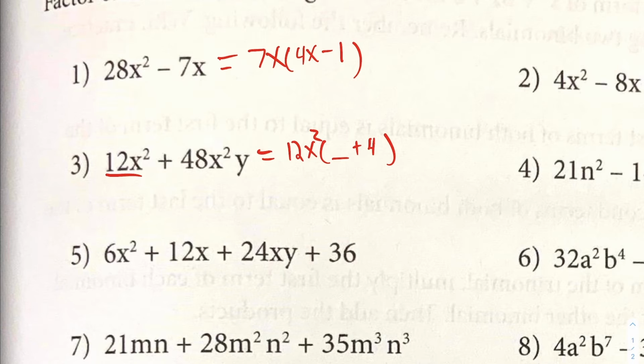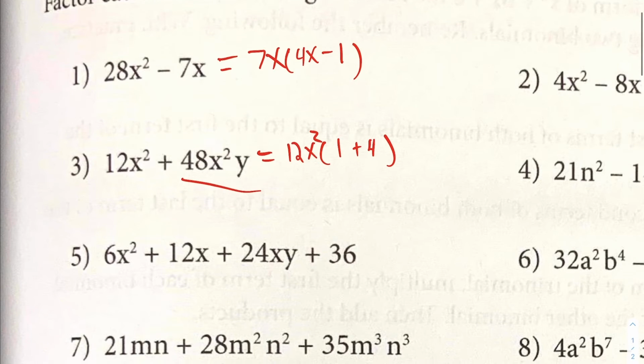It would only need to multiply the number 1. Then, what would 12x squared need to multiply to make 48x squared y? I already wrote the number 4, so 12 times 4 would make the 48. X squared times nothing gives you the x squared already. But then how do you get that y to show up? If it's not outside the parentheses, then that y must still be inside of the parentheses.